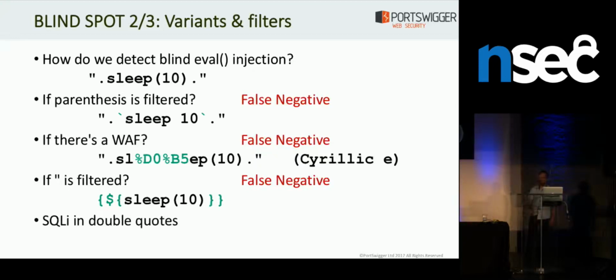Scanners will even miss SQL injection if your application is using double quoted strings rather than single quoted strings to encapsulate user input, simply because it's not that common, so scanners don't try to find it. So if there's any kind of variation filter, the scanner's just not going to work very well.